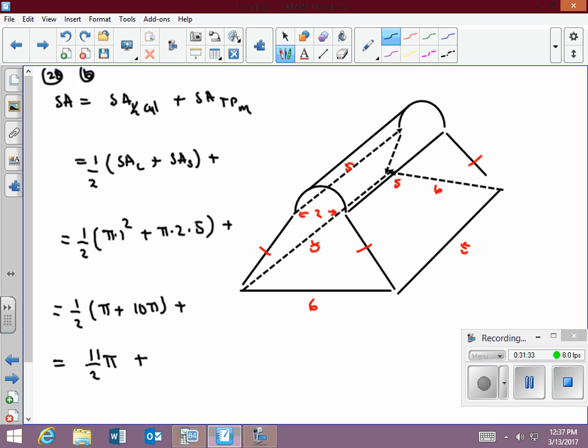Now let's work on that other thing. It's the surface area of the hinge. And what we have to know is a height, right? We gotta know this. We gotta know this height.